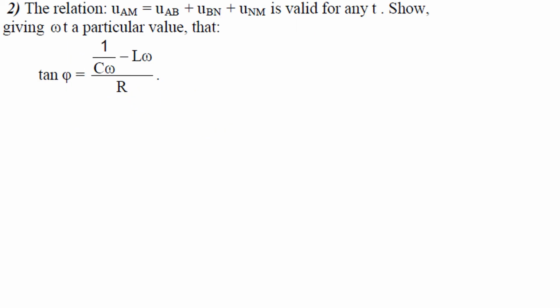The relation UAM equals UAB plus UBN plus UNM is valid for any time t, for any instant. Show that, given that omega t is a particular value, tan phi equals 1 over C omega minus L omega over R. I will start from the given equation.